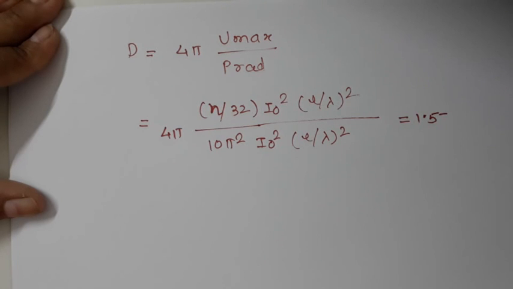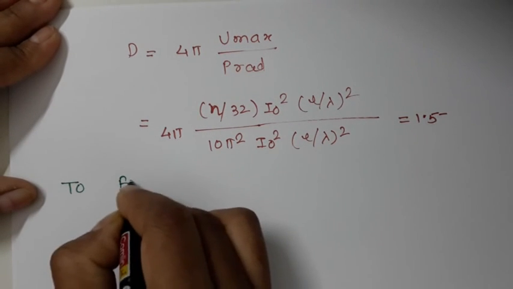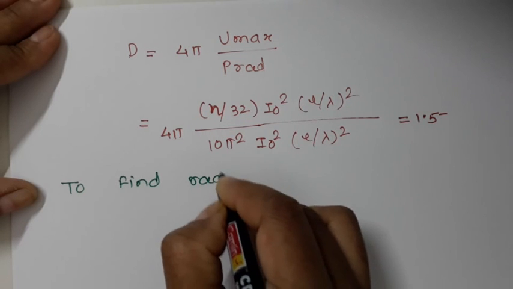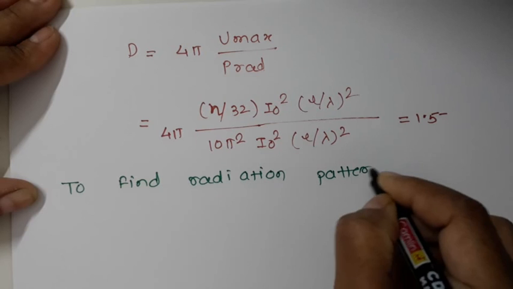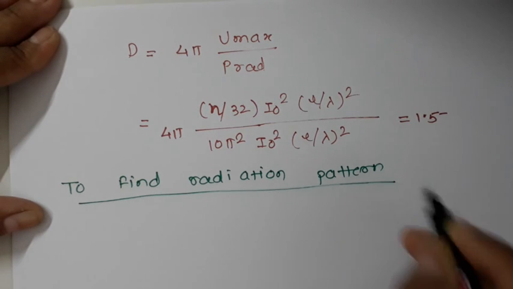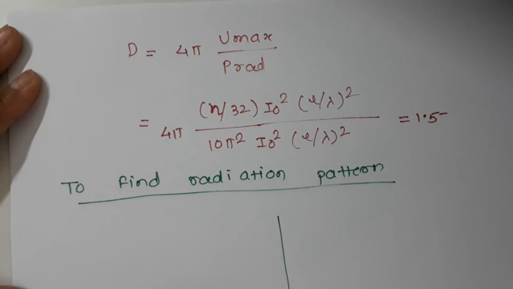If we talk about the radiation pattern, how are we going to find it? We can put different values of θ and then we can get the radiation pattern. So to find the radiation pattern, change the values of θ.